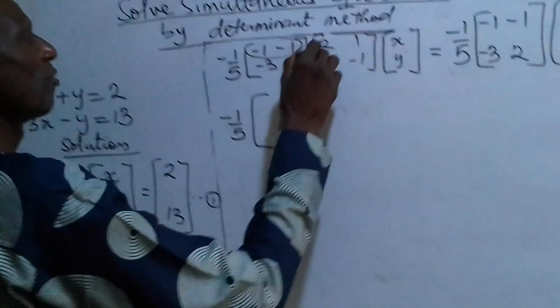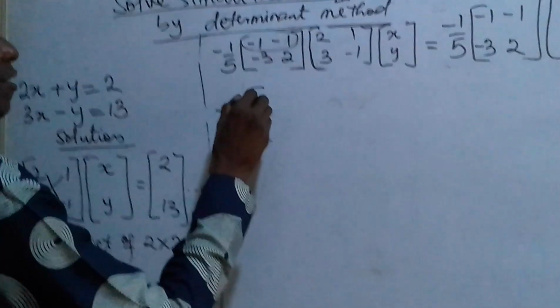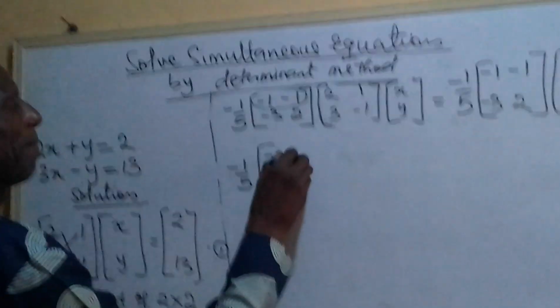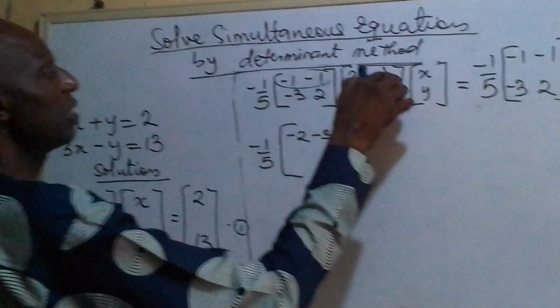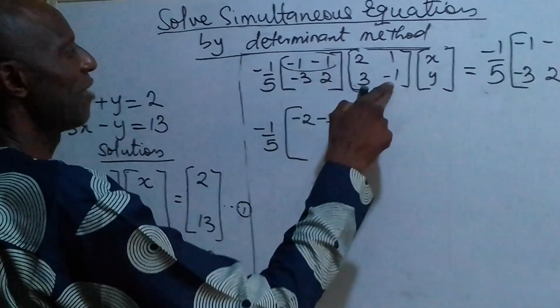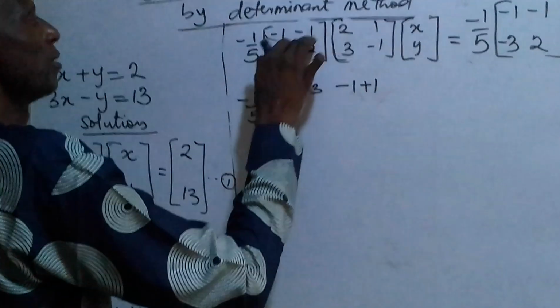Let me write it well for you. Minus 1 times 2 gives us minus 2. Minus 1 times 3, minus 3. I will now use the same to come here. Minus 1 times 1 is minus 1. Minus 1 times minus 1 is plus 1. I am through with this.